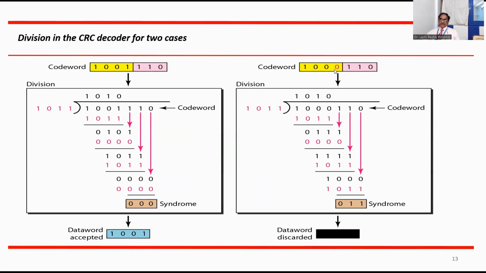Instead of 1, 0 is received at this point, so there is an error. Now this received data is divided with the same generator polynomial. And finally, we get a non-zero remainder. A non-zero remainder indicates there is an error in the received information. So this will be discarded, will not be accepted. So this is how the error checking mechanism is used.